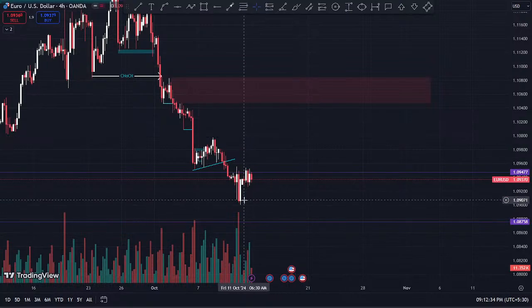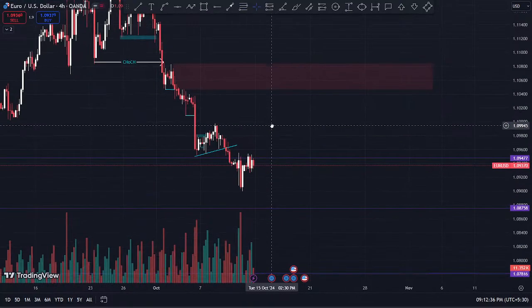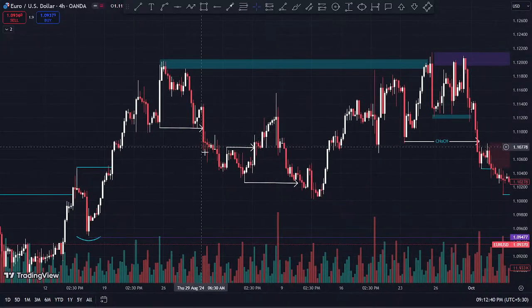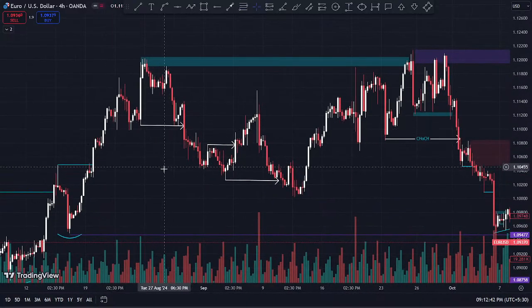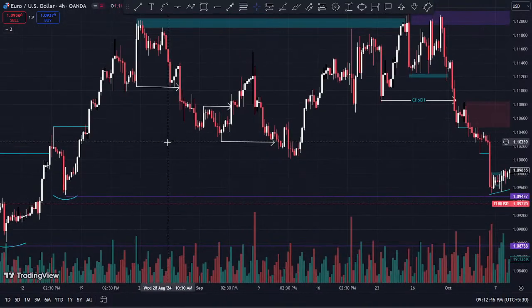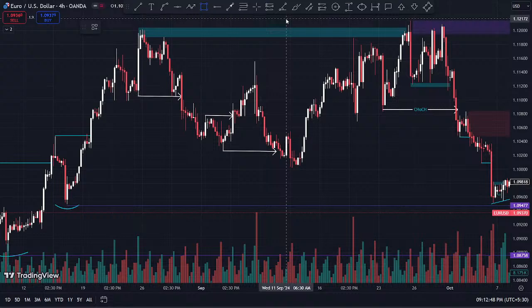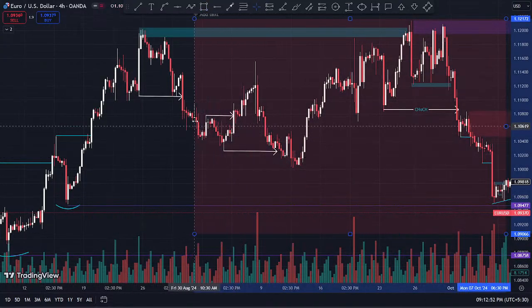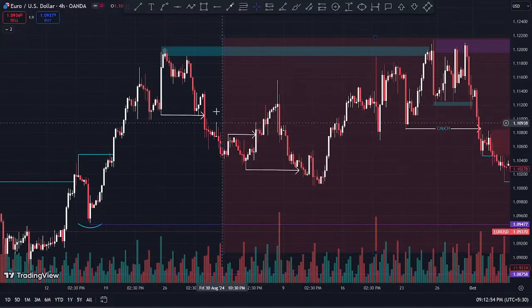So we can expect a pullback up to here, since there can be such conditions here. So this was a change of character, but it did break this line. Suppose let's say we have not covered this part of the market yet. Okay, so we have not seen all of this.